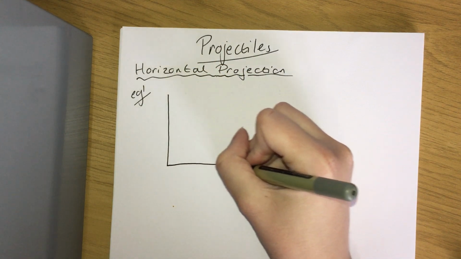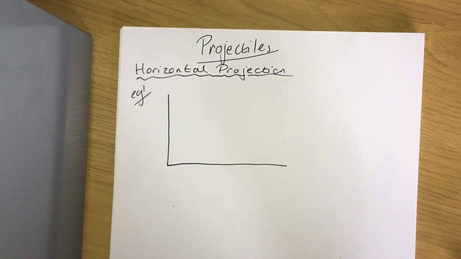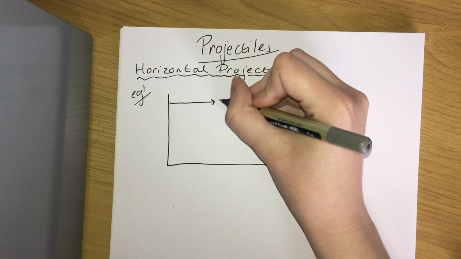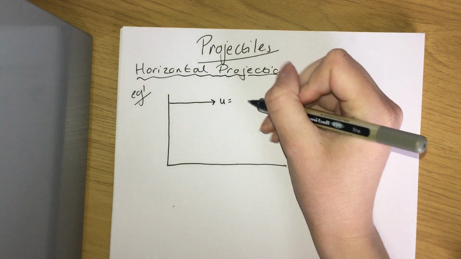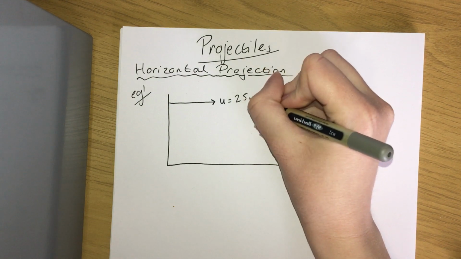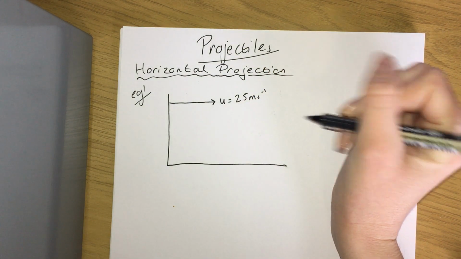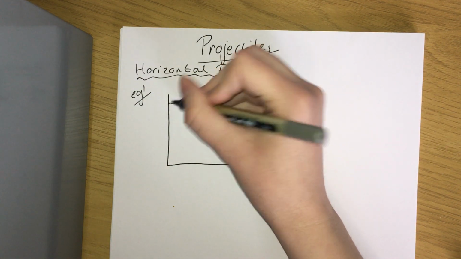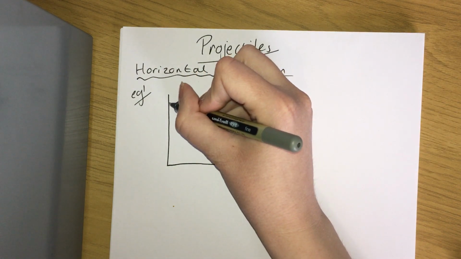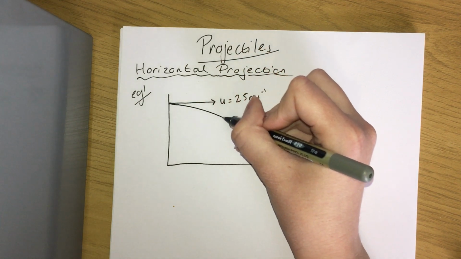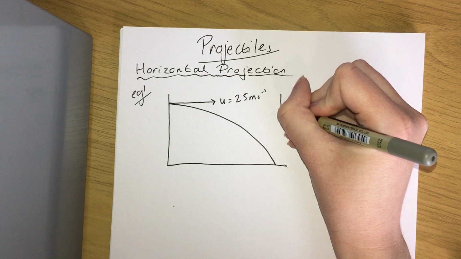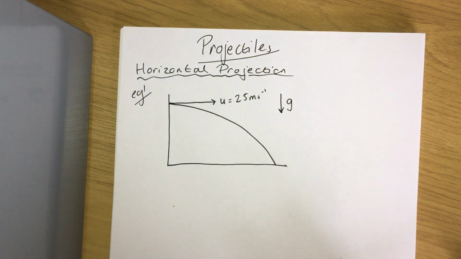So just so we're clear in terms of how we'd sketch that, we have a horizontal velocity of 25 metres per second, rather than horizontal force, sorry. And as soon as it leaves that point, it's going to start going down, because we have gravity acting downwards.